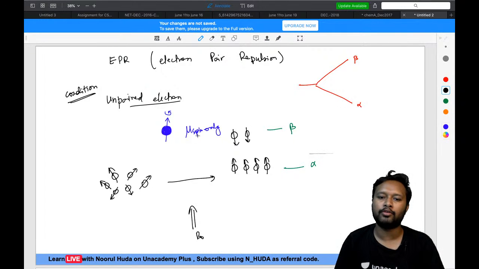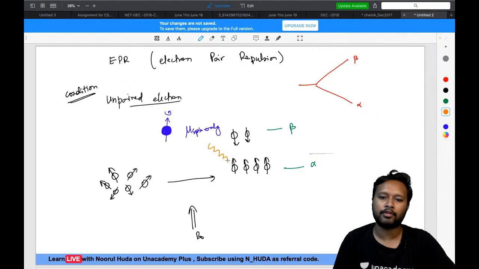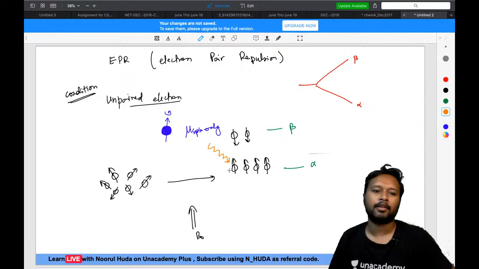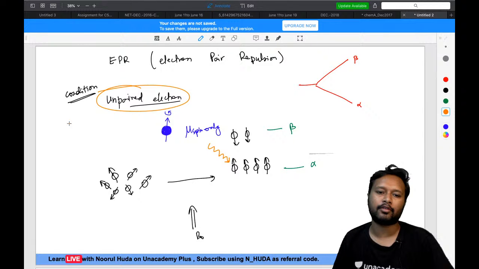Now you apply external factors like radio waves, which fall on these electrons, and they make resonance between the two states. That resonance is where you get your spectroscopy from. This is all the principle, but the condition is that you should have unpaired electrons. Now if you have an unpaired electron, you should also know in how many energy levels a particular level is going to split.